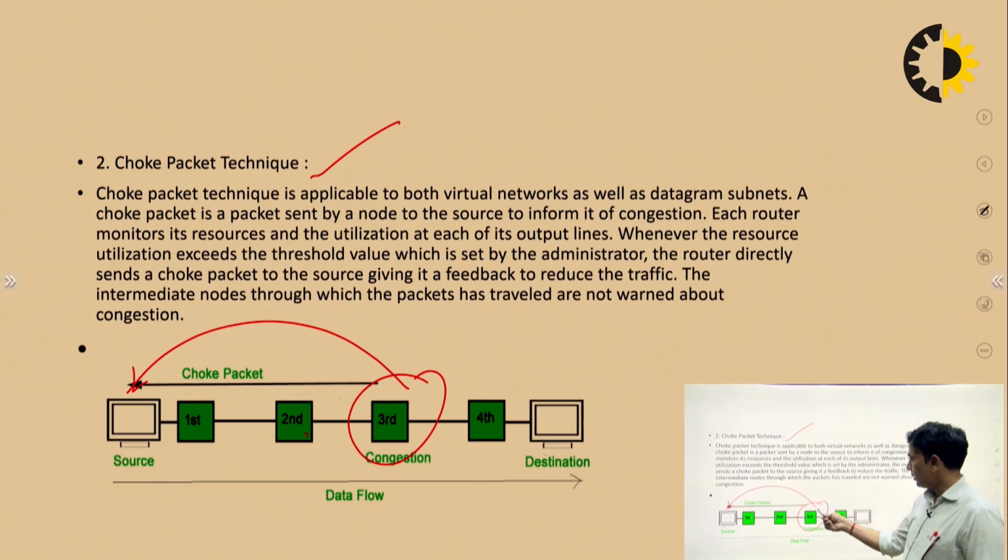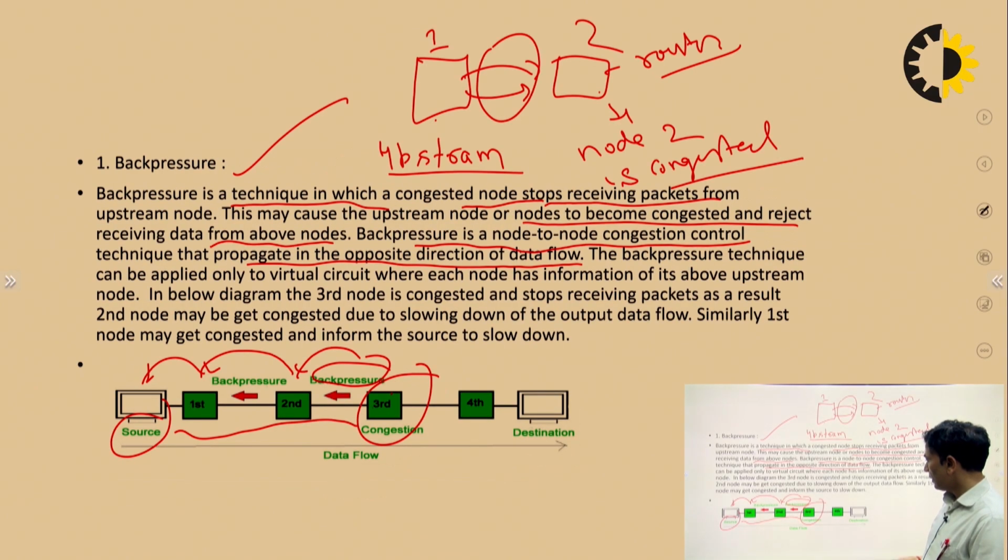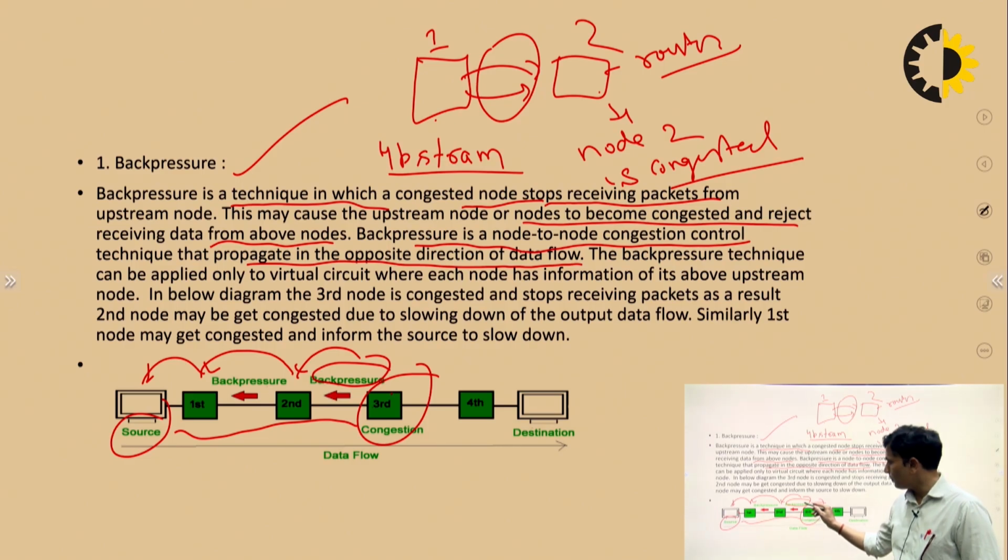Now this choke packet propagates directly from the congested node to the source, and it may follow any path. Okay, because in the previous one there is a time delay.